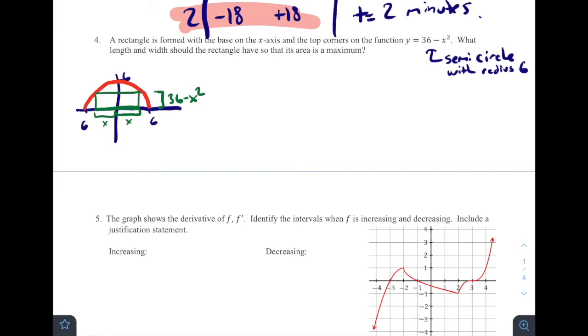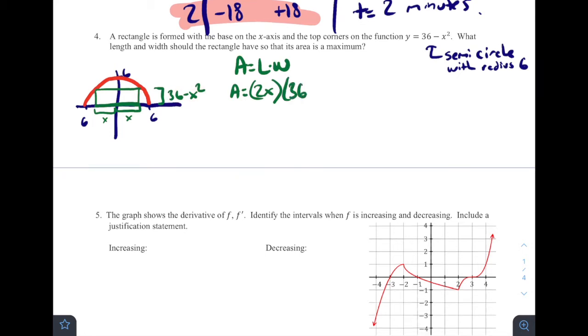So if we're trying to find the maximum of this rectangle, we know that the area of a rectangle is going to be the length times the width. So the length of this rectangle looks like it's going from here to here. So x plus x is 2x. And then the width of that rectangle, or the height of that rectangle, is going to be 36 minus x squared.